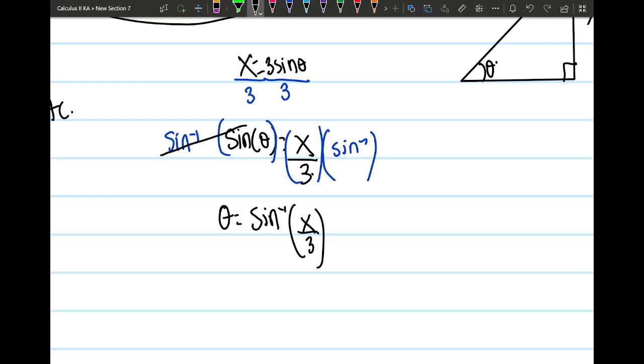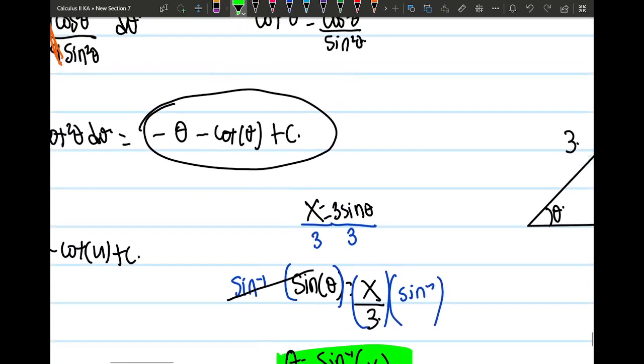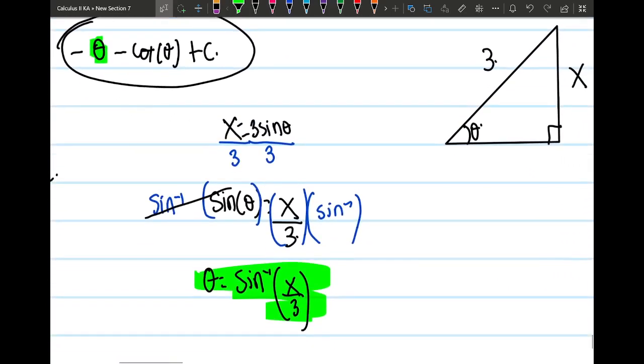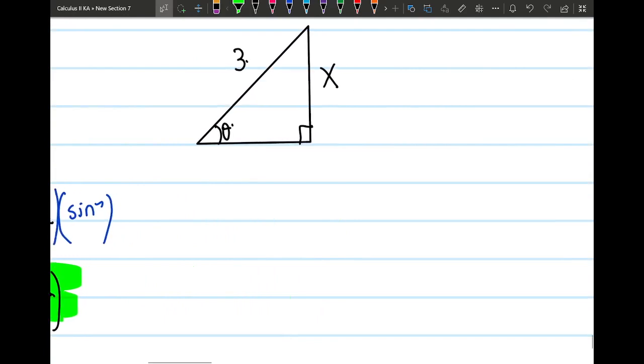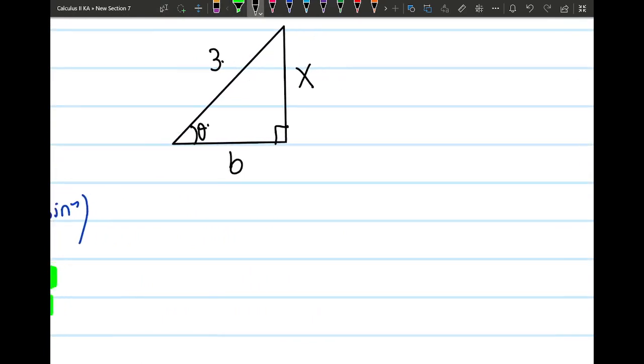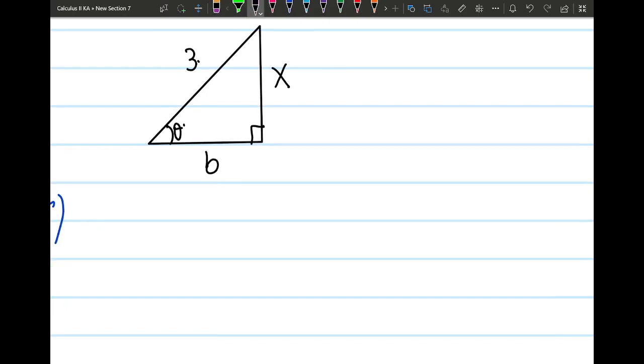And this is what would go for this, but it's negative, right? So I have that part down, and now I need to find my other side b, since I only have sine of theta equals x over 3.